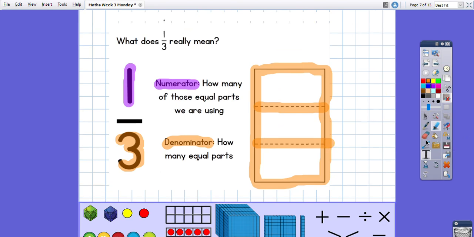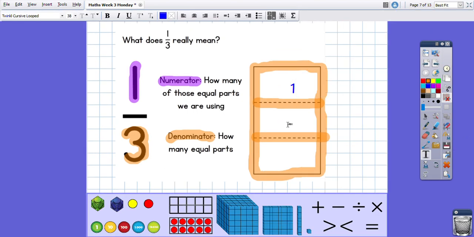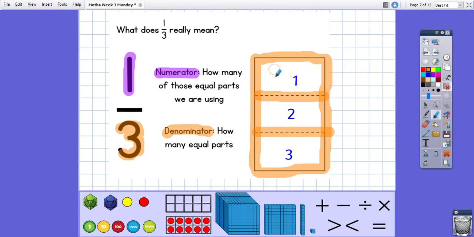You've got 1, 2, and 3. And my numerator is telling me to find 1/3. So I just need to colour in one of these thirds. And like we said before, it doesn't matter which one, so I'm going to do this one. Okay, so I'm going to colour in this middle third. So there is 1/3 shaded.